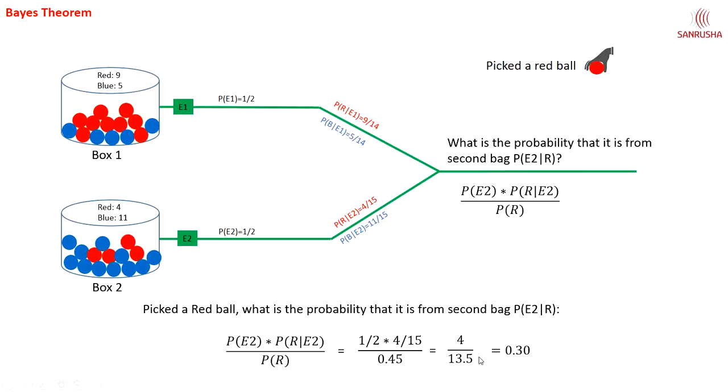And that's how, if you calculate, it will come down to 4 by 13.5, so 30%. So the answer to this question, that if you have a red ball, the probability of that ball being from box 2 is 30%. And that kind of question is answered using Bayes theorem. So this is the basics of Bayes theorem.